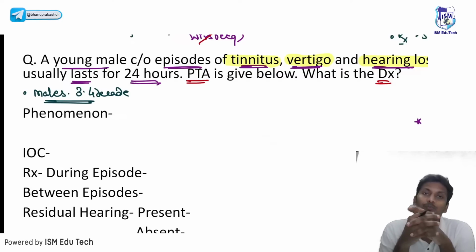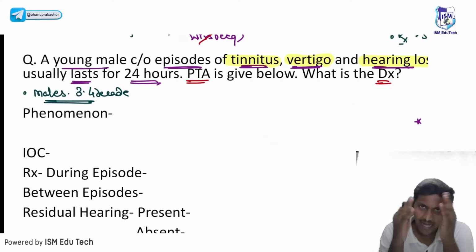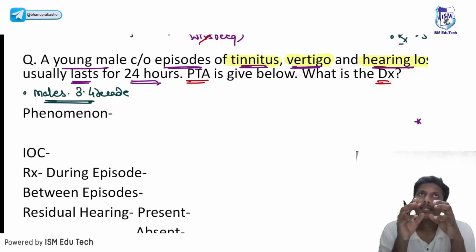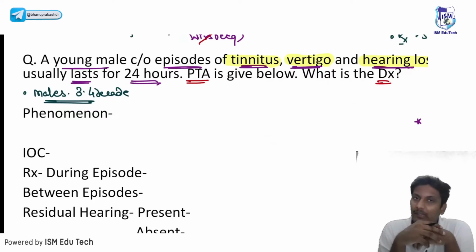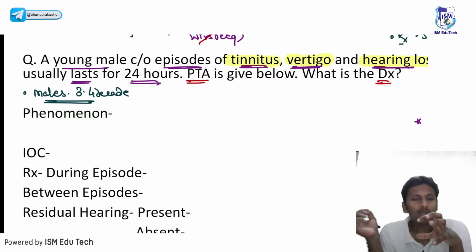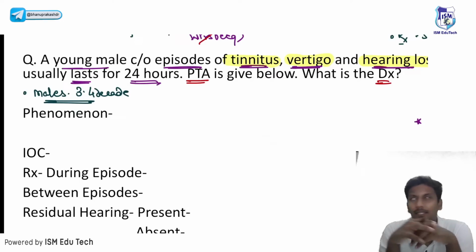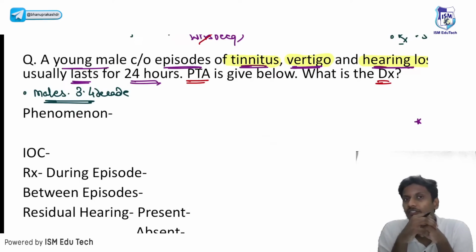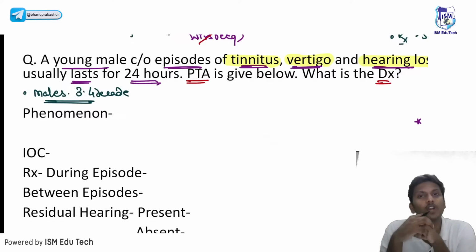I told you, in the membranous inner ear, the fluid which was present was called the endolymph. This endolymph was produced by the stria vascularis and absorbed by the endolymphatic sac. But what if the endolymphatic sac is not able to absorb this endolymph?